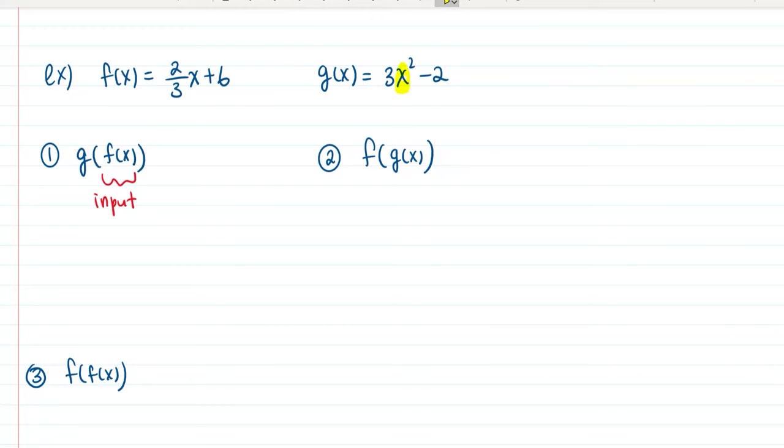So this is the x that we're going to replace with the f of x. So it will be 3 times f of x squared minus 2. So make sure you put the same exponent after the f of x. 3 times, I'm going to replace the f of x with the 2 over 3x plus 6. So this will be replaced with this expression.